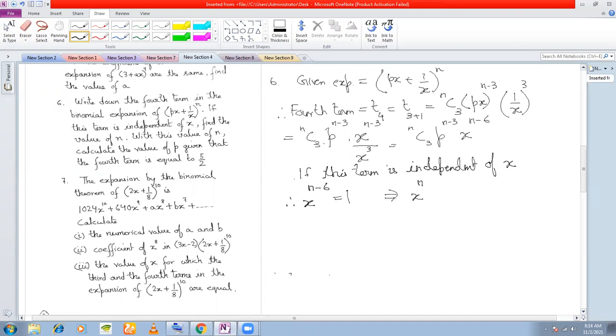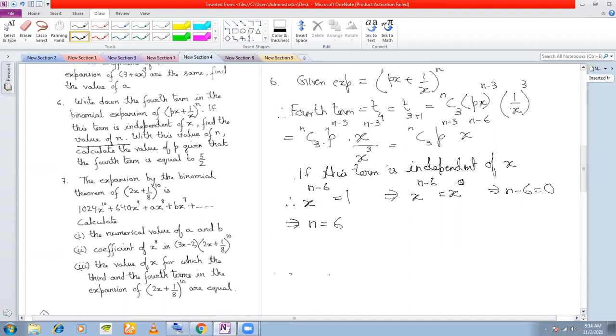That means x to the power of n minus 6 must be equal to x to the power of 0. That means n minus 6 is equal to 0, so n is equal to 6. So we have found the value of n, which is 6.